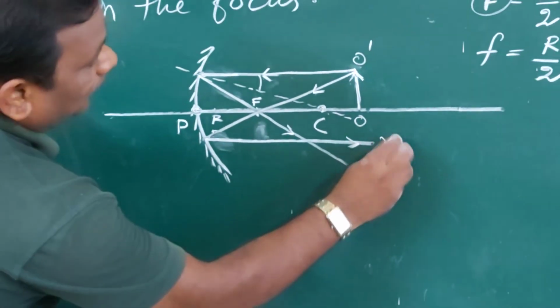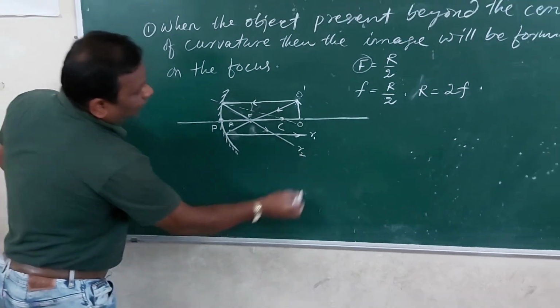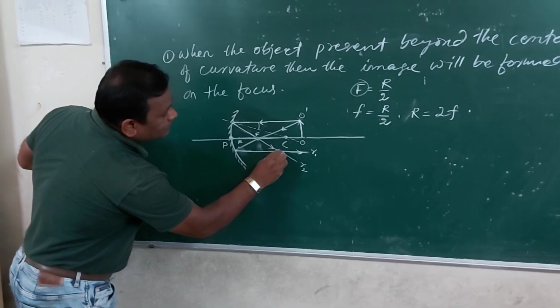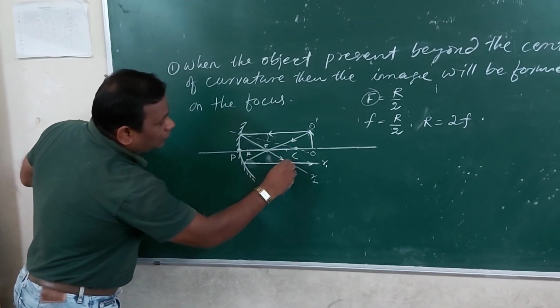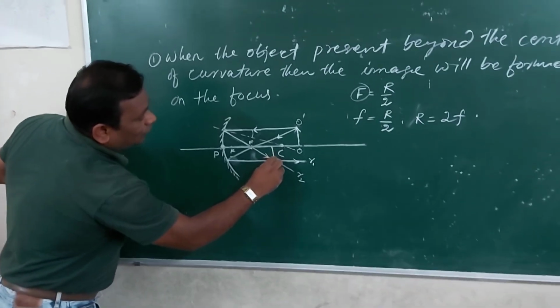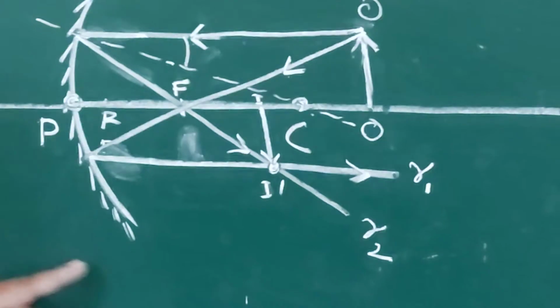This is reflected light ray R1 suppose. This is reflected light ray R2 suppose. When these two reflected light rays intersect here, this is called the point of image. Then this is the image of the object, that is I and I dash.